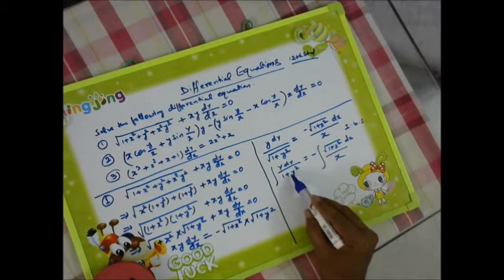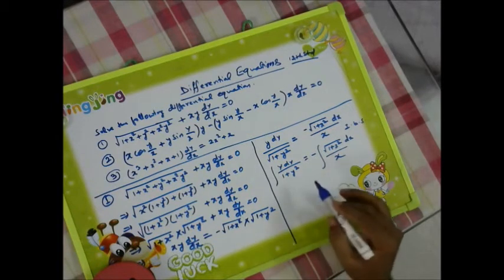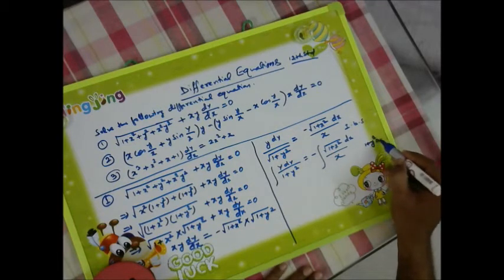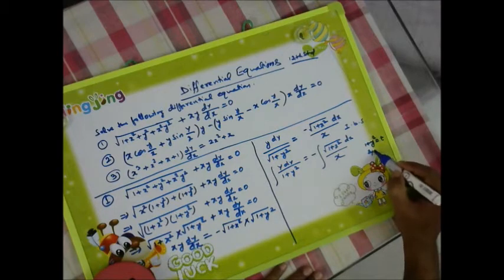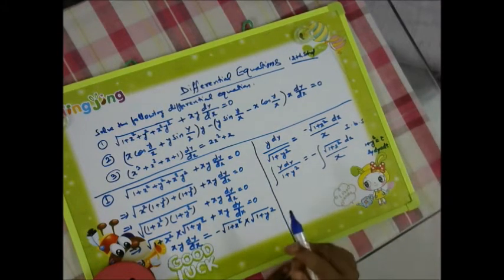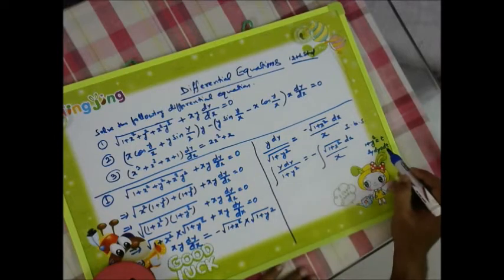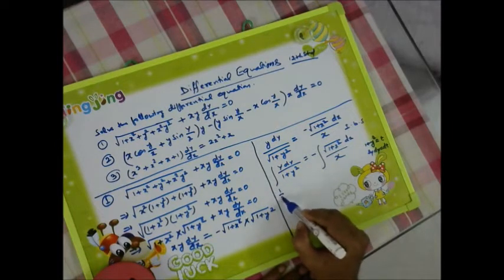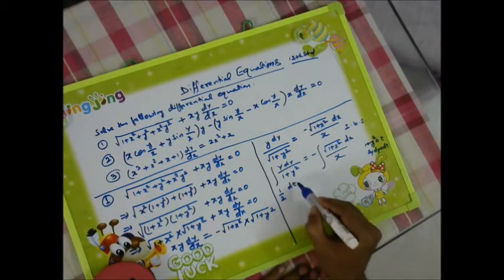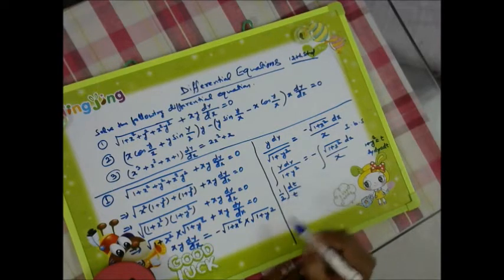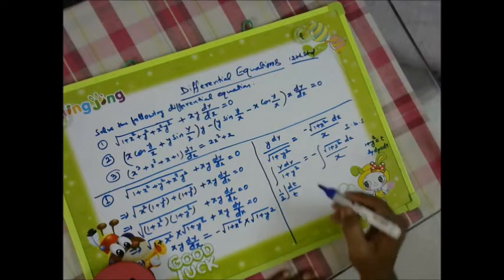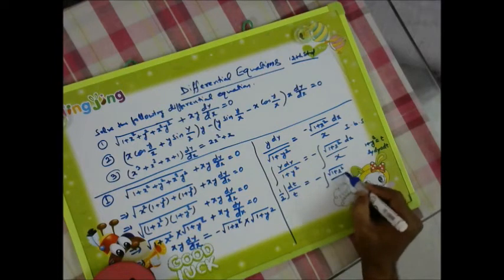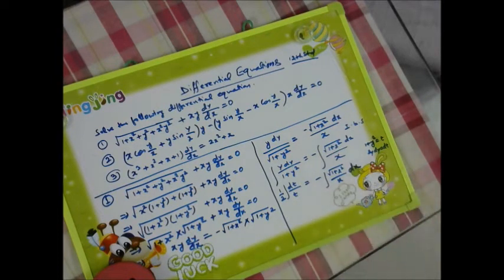Okay, 1 plus y square, suppose we are considering it as t. So 1 plus y square is equal to t, then it will give you 2y dy is equal to dt. And if we are placing it here, y dy is equal to dt by 2, so it will come 1 by 2 dt divided by t, minus whole root 1 plus x square by x dx.